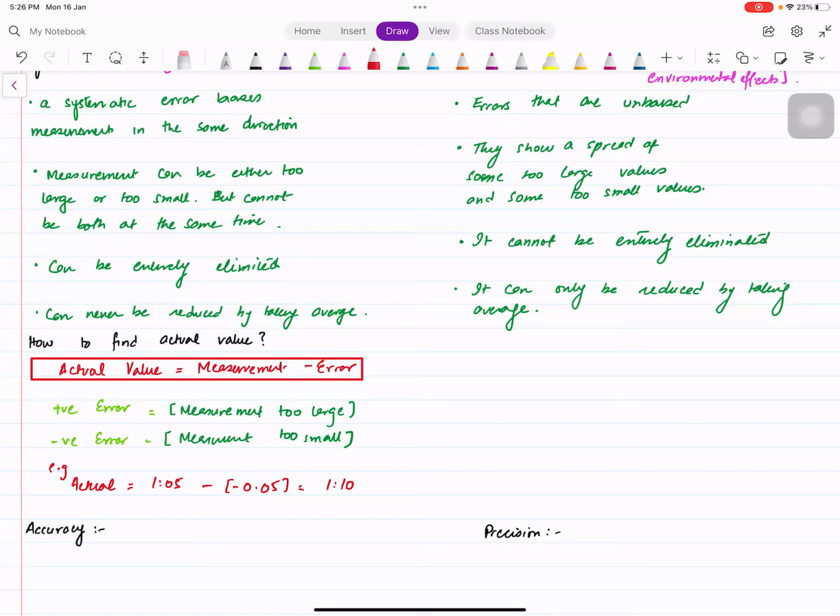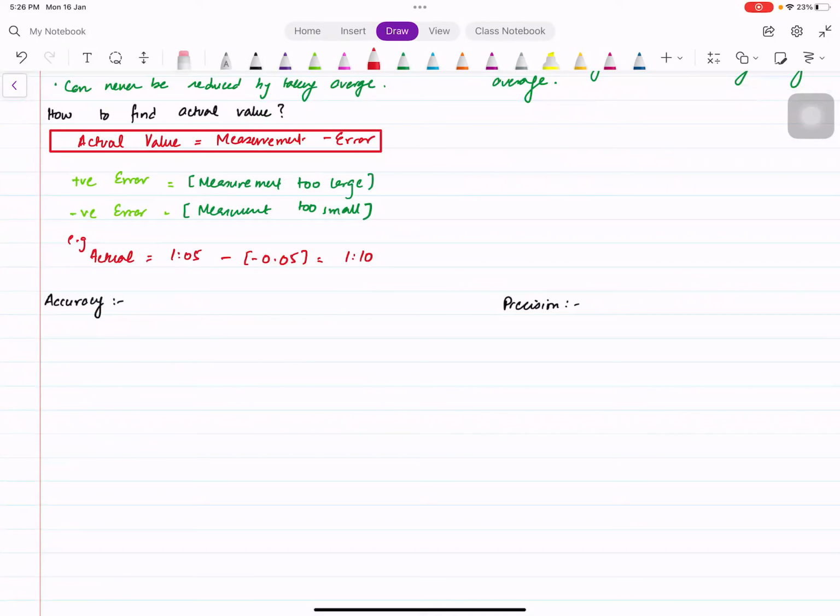Okay. Now, the thing is that comes accuracy and precision. So, with accuracy, you can say that it's actually the measure of a measurement that describes how close the experimental value is to the accepted value.